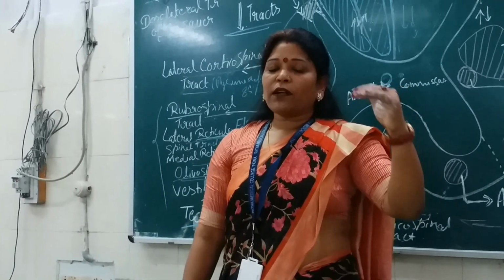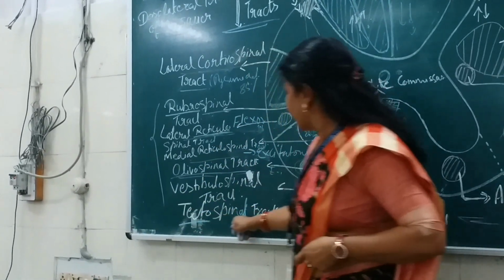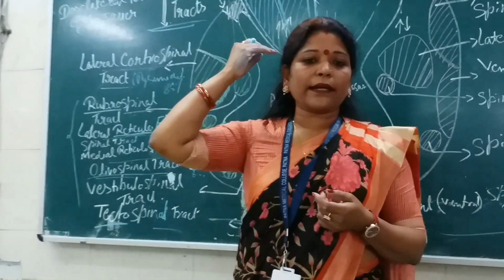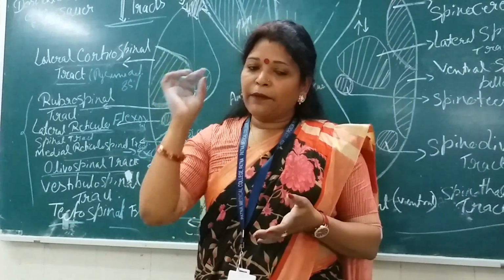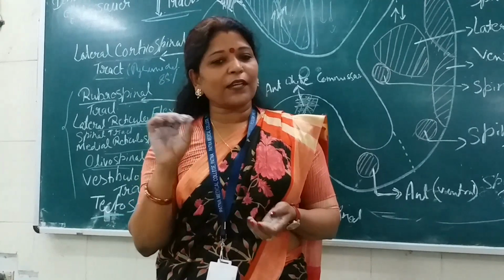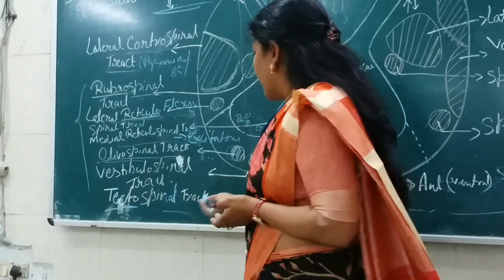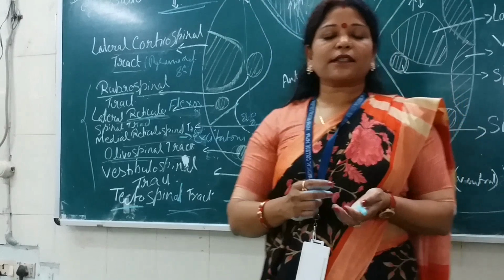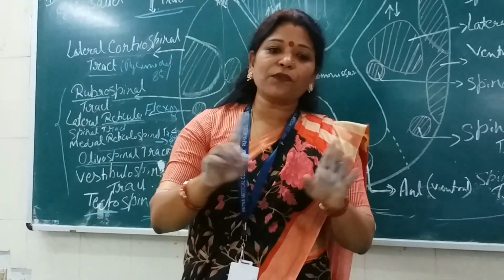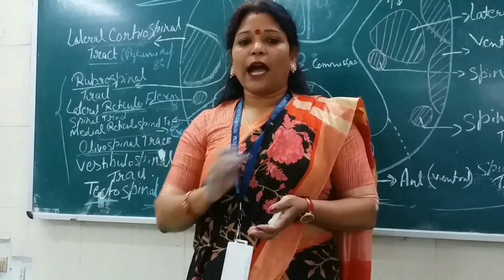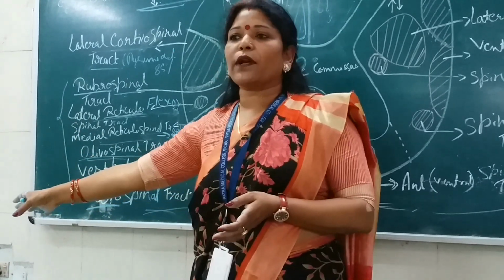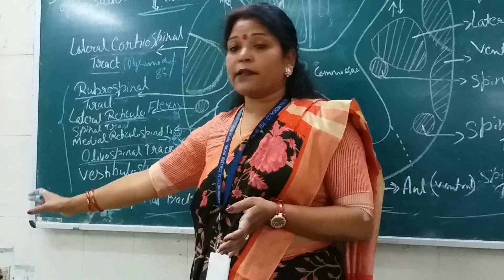And what will be the function of this tectospinal tract here? It is coming from the tectum of the midbrain, and on the dorsal aspect of the midbrain there are the superior colliculus and inferior colliculus. This tectospinal tract is concerned with the spino-visual reflexes. What do you mean by spino-visual reflexes? I am taking a class and some sound comes, or something has been broken down. I will turn my head and see what has happened there.